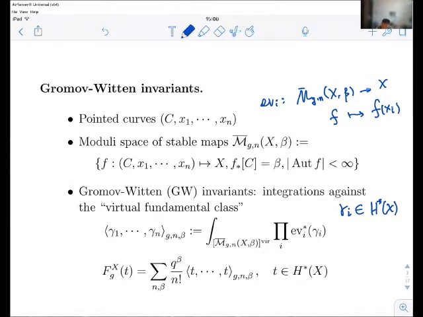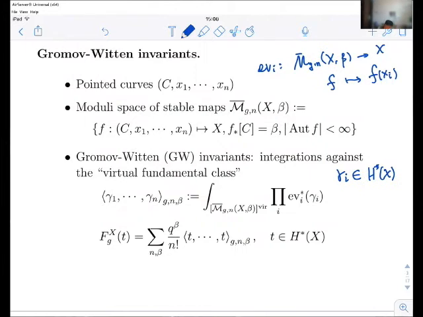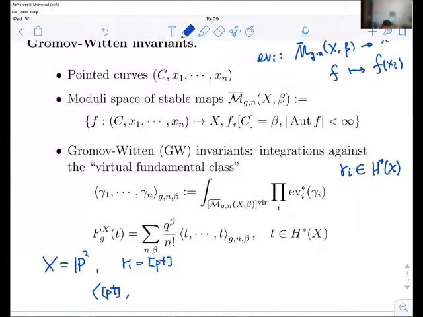And we can consider the generating functions of these Gromov-Witten invariants. Here I can give you a very simple example. Consider X equal to P^2, the complex projective plane, and we pick all the gamma_i to be the point class.